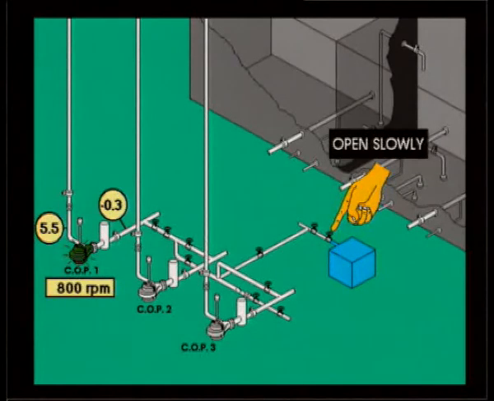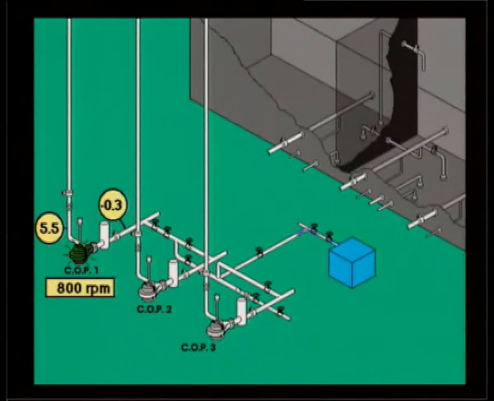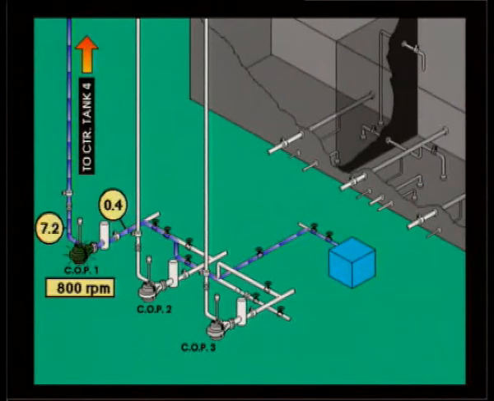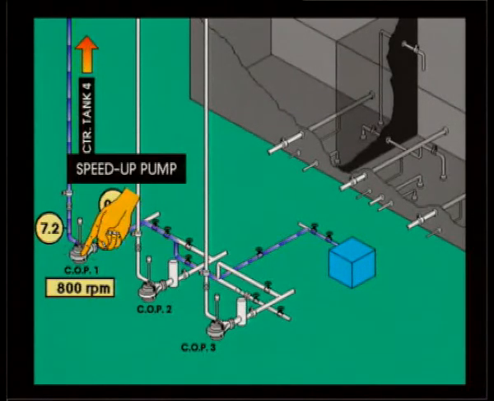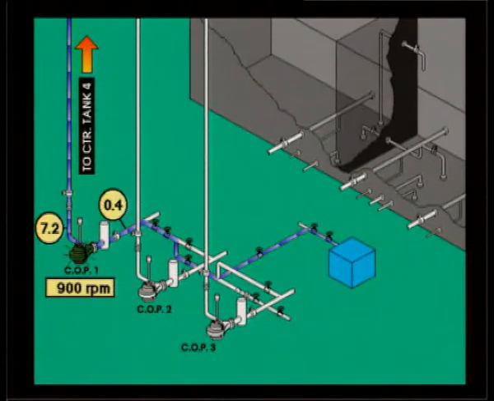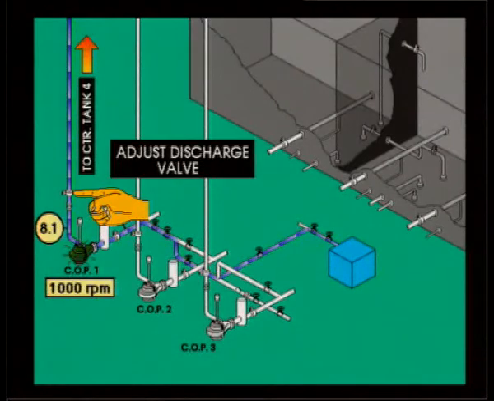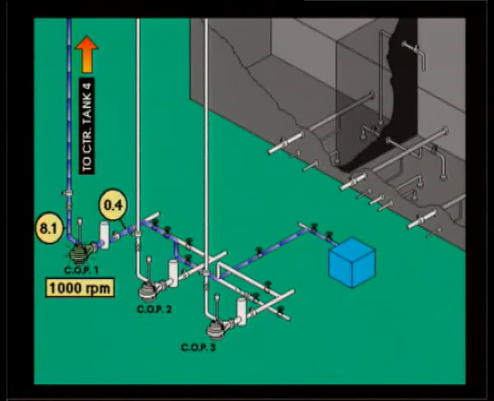Reaching 800 revolutions, the manometer at the suction side shows minus 0.3 kilograms per square centimetre, and you decide to open the C-valve. As soon as the C-valve is opened, the pressure at the pump changes immediately when the water flows through the pump. You're now adjusting the speed and regulating the back pressure and the head by manoeuvring the discharge valve.